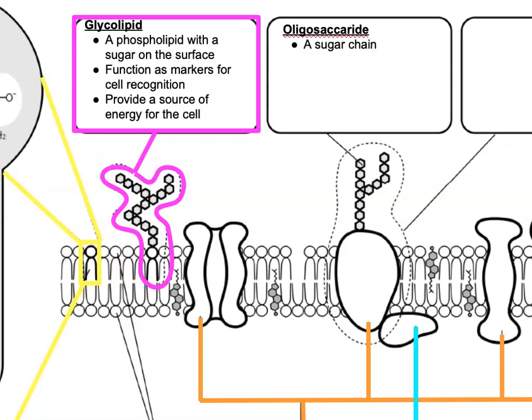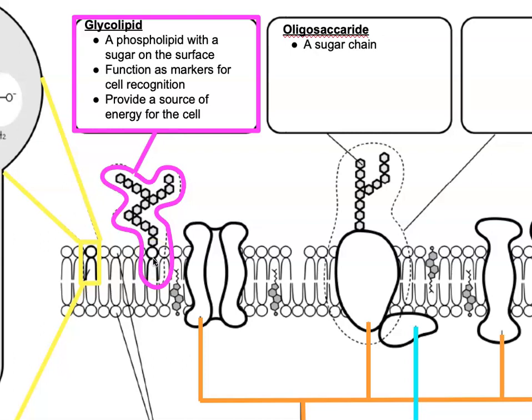Discussing the phospholipid bilayer, we mentioned that the outer and inner layer are not symmetrical because there are structures that are only found on the external layer. One of these structures are oligosaccharides or sugar chains. These oligosaccharides or sugar chains will attach to either a protein or a phospholipid.